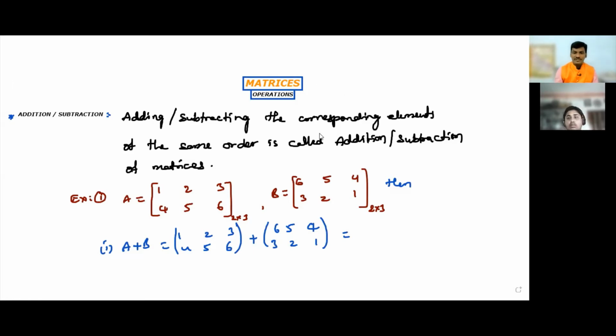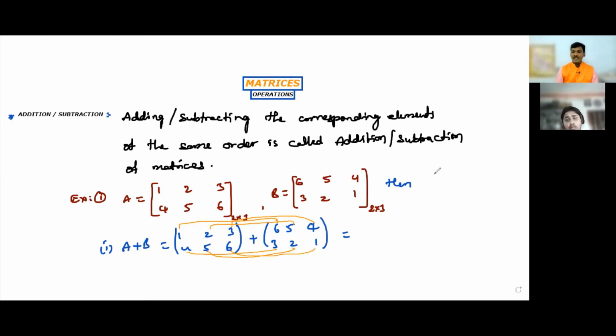How do we add the corresponding elements? First, top left with top left, like this. We have to add the same position elements. So 4 I am adding with 3, 5 with 2, and 6 with 1.